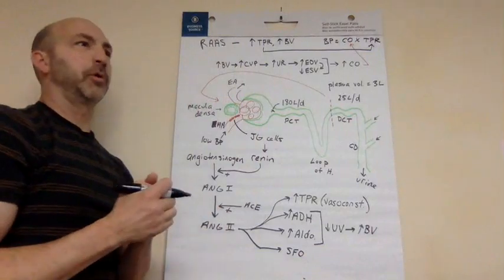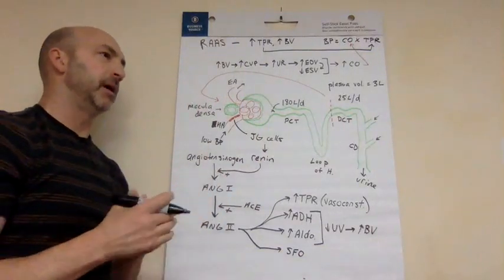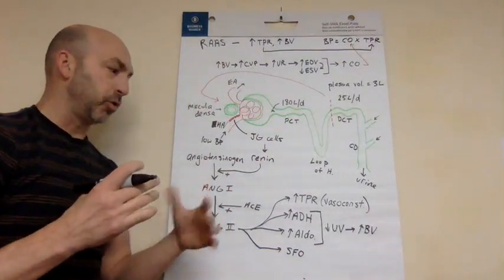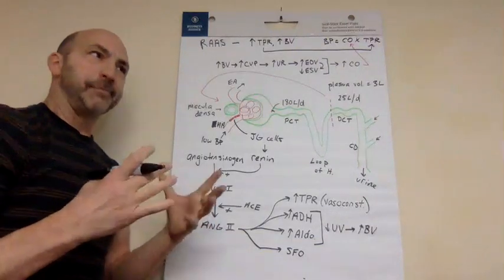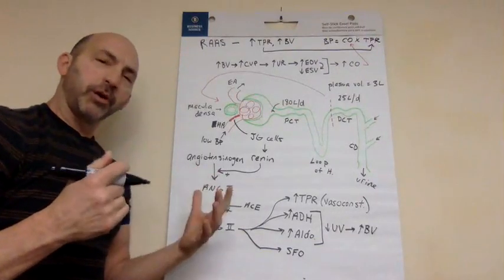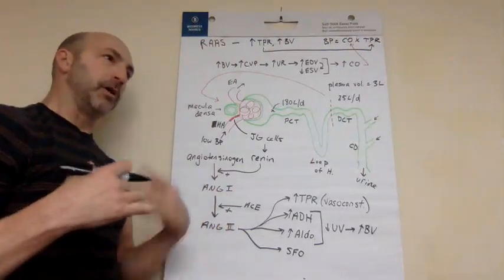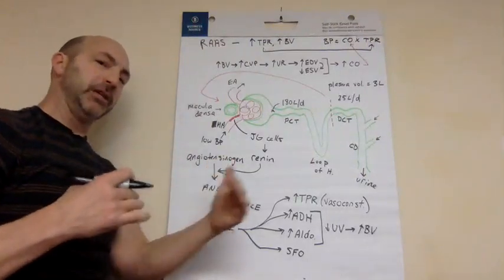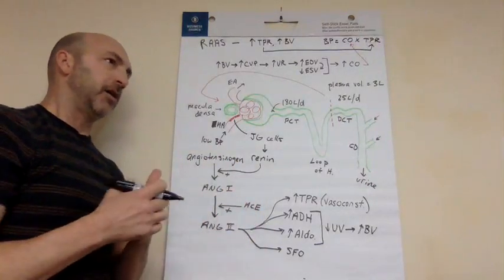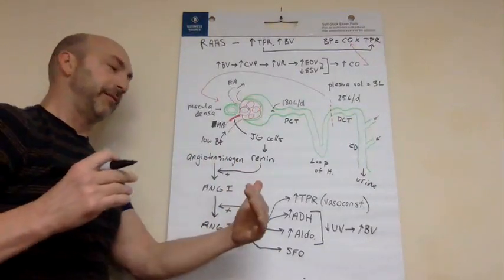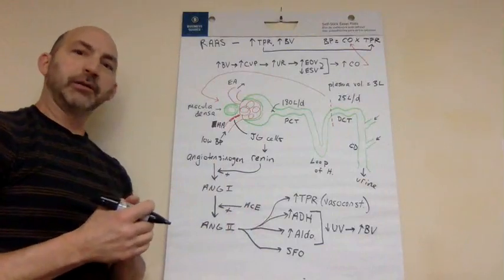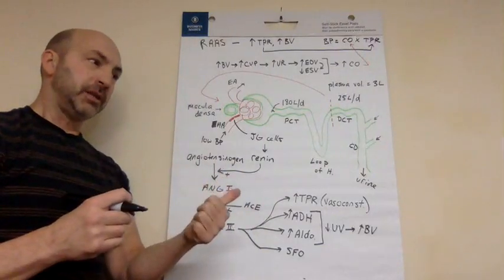So the subfornical organ is a region of the brain stem that is accessible to hormones. There's actually a fairly porous blood-brain barrier right there. And so circulating hormones can actually have access to brain tissue at that site. And there are receptors there for angiotensin II that are linked to thirst and salt intake.